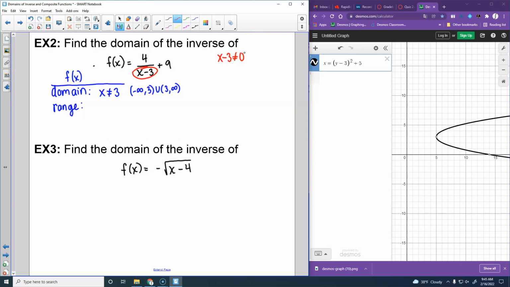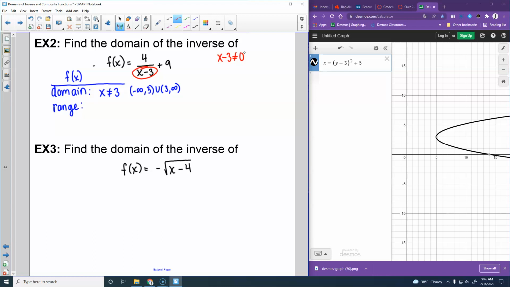Okay, all right, this is a little tougher without the graph. Who can tell me the range of this one? It is going to involve that 9.